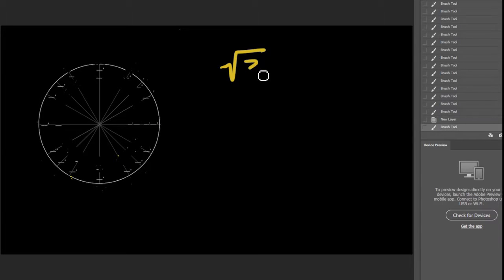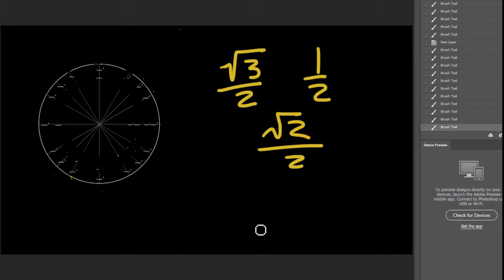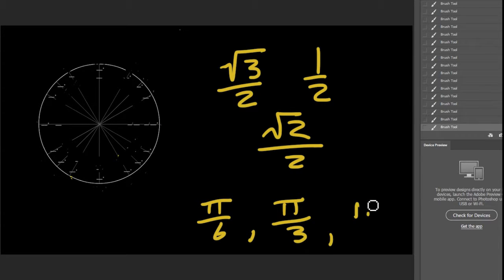Root 3 over 2, 1 half, root 2 over 2, pi over 6, pi over 3, and pi over 4.